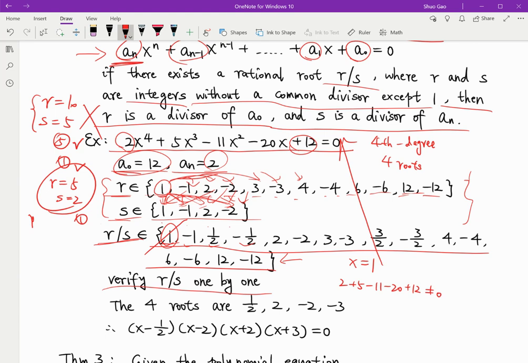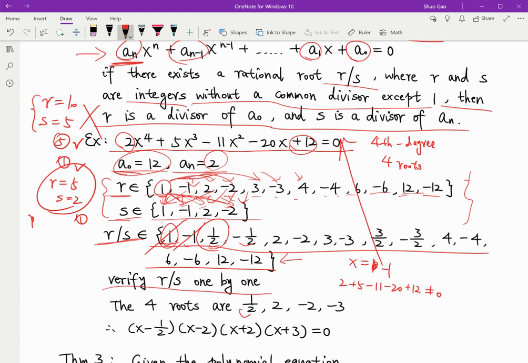And then we move to minus 1, plug in x equals minus 1 into this equation, and find that this equation still doesn't hold. So minus 1 is still not a root, right? But if we plug in 1/2, we find that after plugging in 1/2, this equation holds.